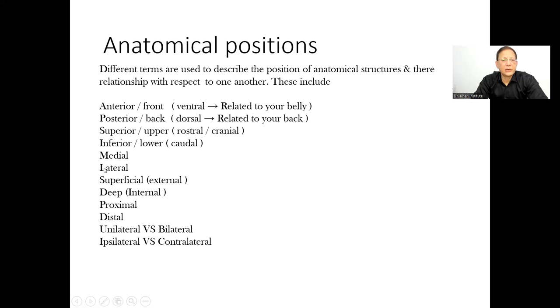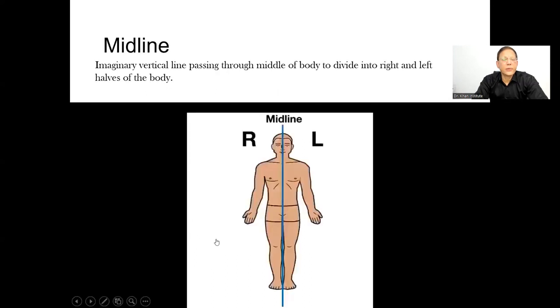Then medial and lateral. Superficial, we can also use the term external. Deep, we can also use the term internal. Proximal, distal. Unilateral versus bilateral. Ipsilateral versus contralateral. So we will discuss them one by one.